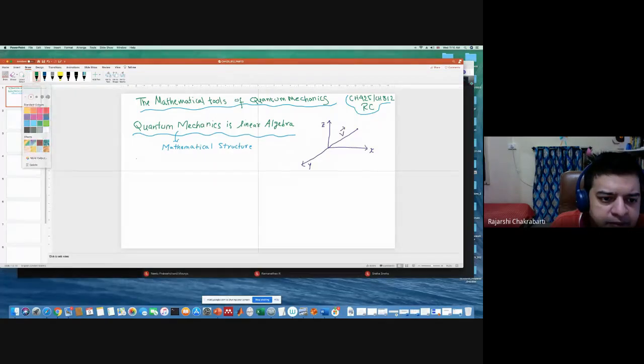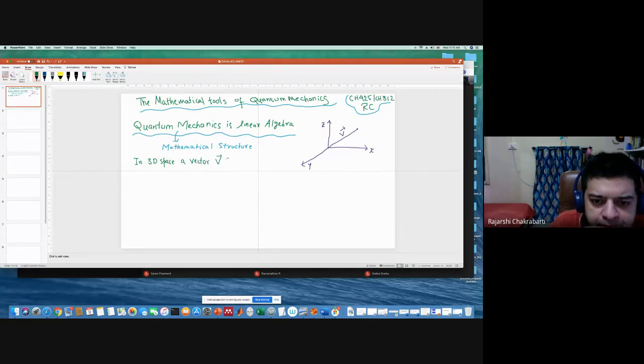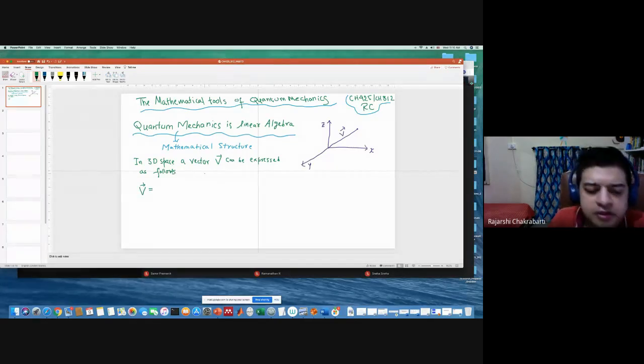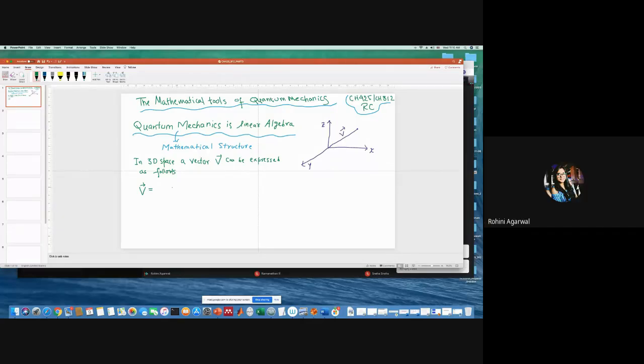In three-dimensional space, a vector v can be expressed as follows. I have to take three components of this v along the x, y, and z axes.